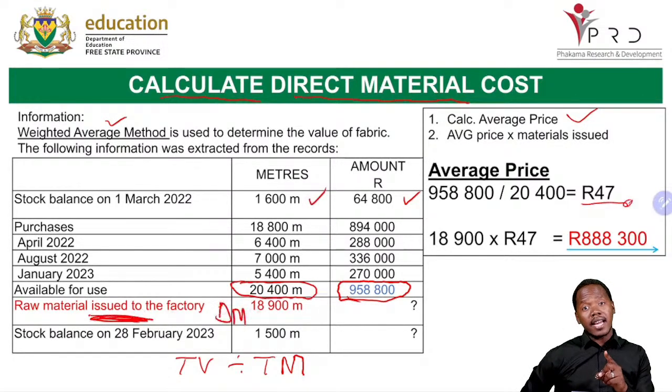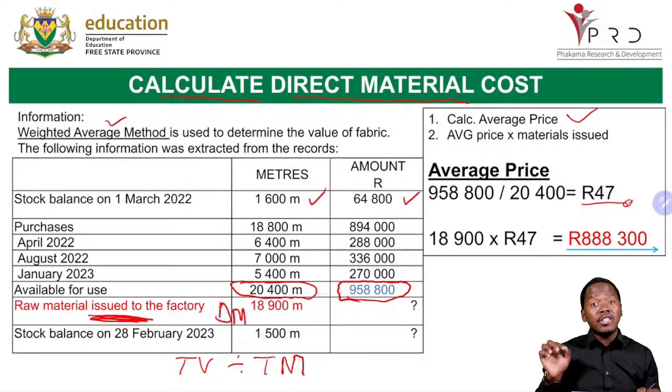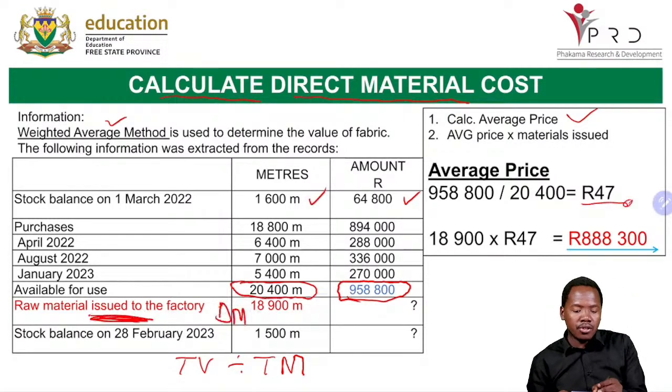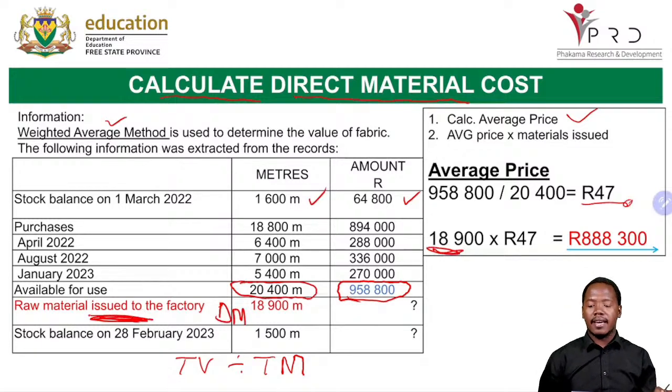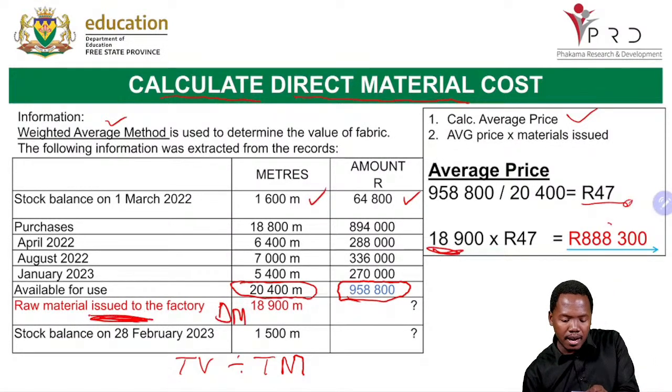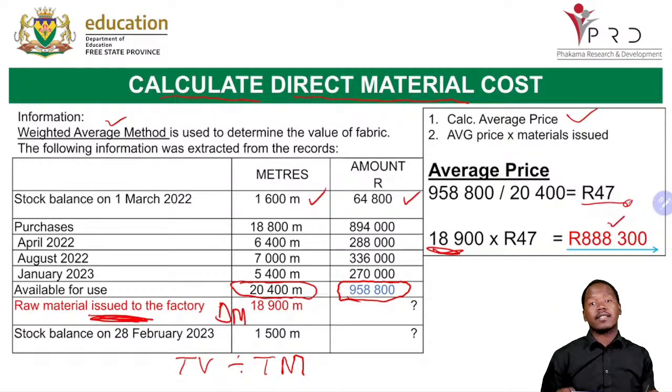What is direct material? It is the material issued to production. So now we take the meters issued to production, multiply by 47 rands, which is our average price, and then we get 888,300. That would be our answer. So we have our 4 marks. Happy?